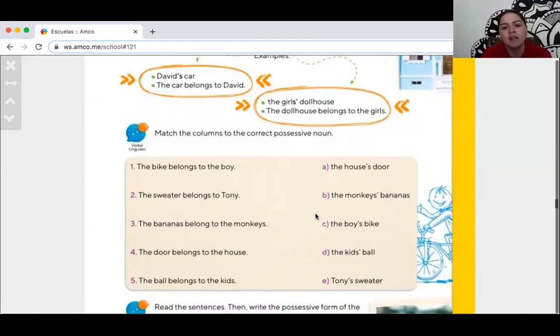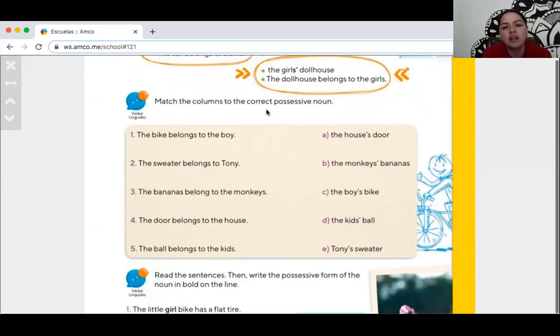Okay? It says, match the columns to the correct possessive noun. The bike belongs to the boy. How should I write it? The house's doctor, the monkey's bananas, the boy's bike, the kid's ball, or Tony's sweater. Is this boy Tony? I don't know, but who am I talking about in this sentence?